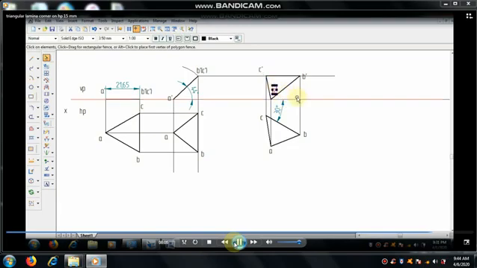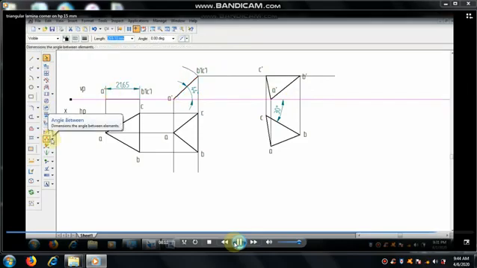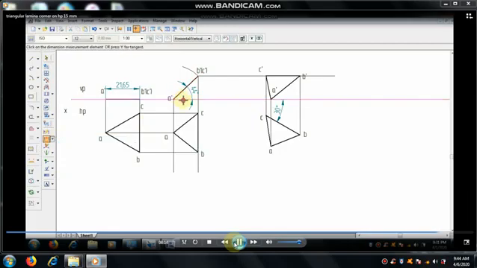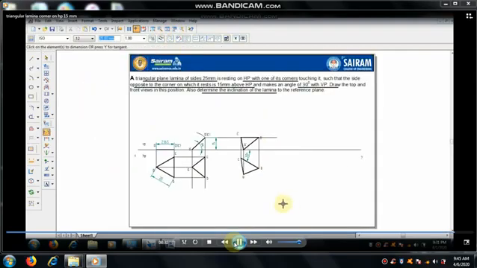Unwanted portions we have to remove with the trim option, and the dimensions wherever needed we have to keep. Now the problem is solved.